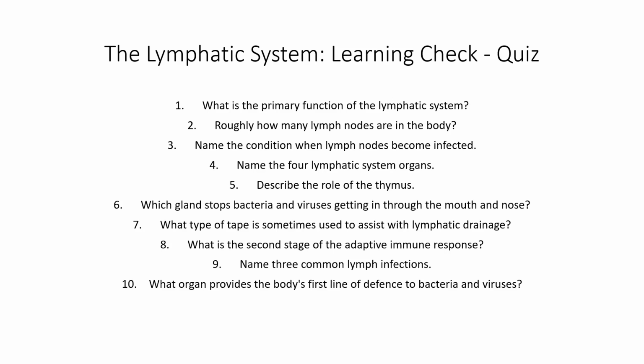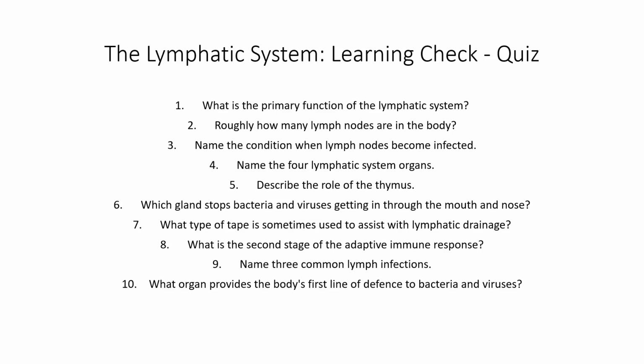Name the 4 lymphatic system organs. 5. Describe the role of the thymus. 6. Which gland stops bacteria and viruses getting in through the mouth and the nose? Number 7. What type of tape is sometimes used to assist with lymphatic drainage?